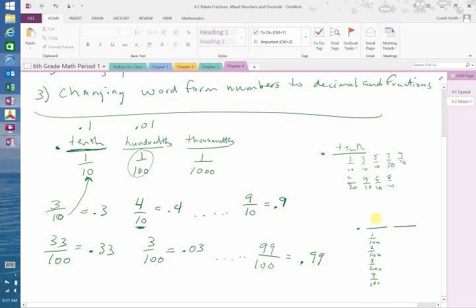Those are all going to be 0.01, 0.02, 0.03, 0.04, until I get up to 9 over 100. When I get to 9 over 100, it's still 0.09, but now when I go 10 over 100, 10 over 100 would be 0.10.